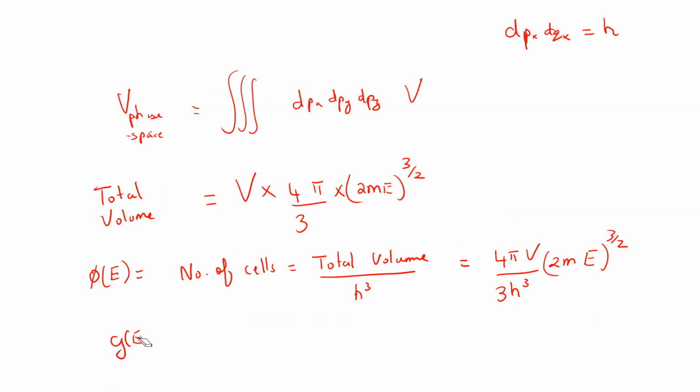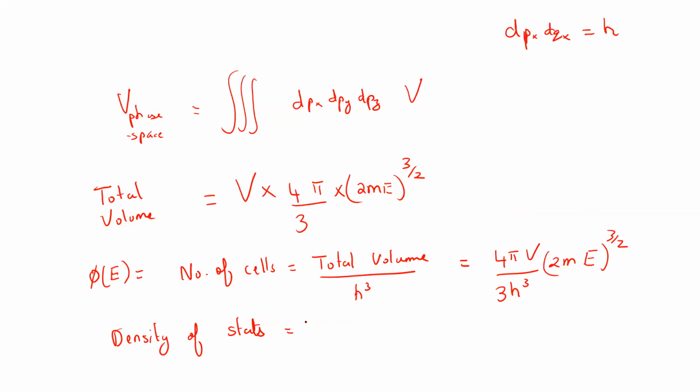To get the density of states, I differentiate this phi function, which is the number of microstates in the energy level 0 to E, with respect to E. I differentiate this and multiply it by the differential dE.